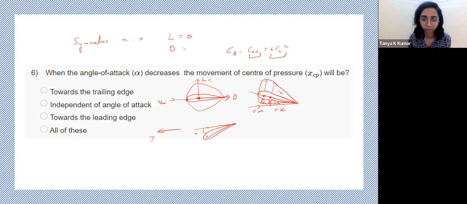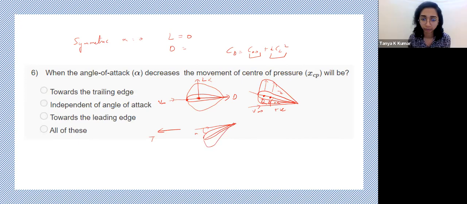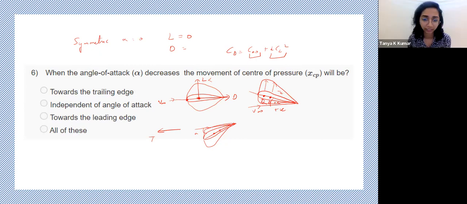Now, how will the pressure distribution be? Negative below and positive up. It will be something like this. So if your original CP was here, now where will it be? Near the trailing edge. Yes. The answer is right. When the angle of attack decreases, your center of pressure moves towards the trailing edge.